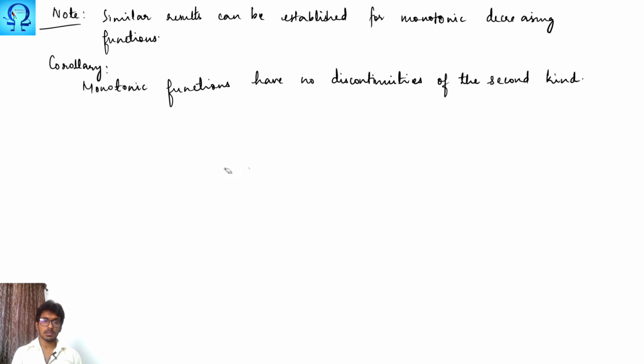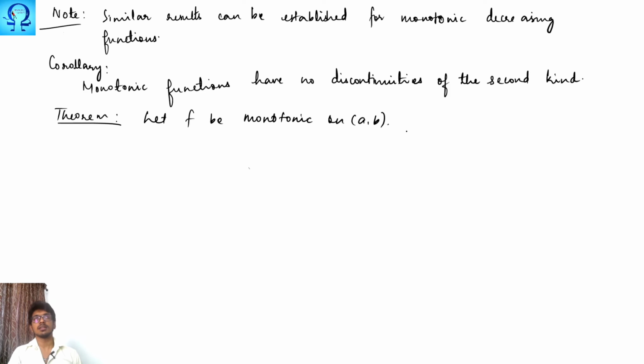The next theorem on monotonic functions tells you: we have a monotonic function. Here they have simply given that f is monotonic on the interval (a, b), which means it is applicable for both monotonically increasing as well as monotonically decreasing functions.